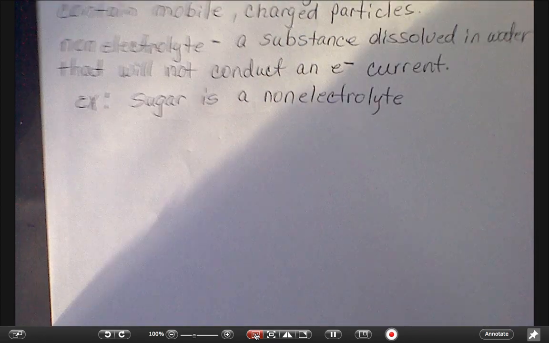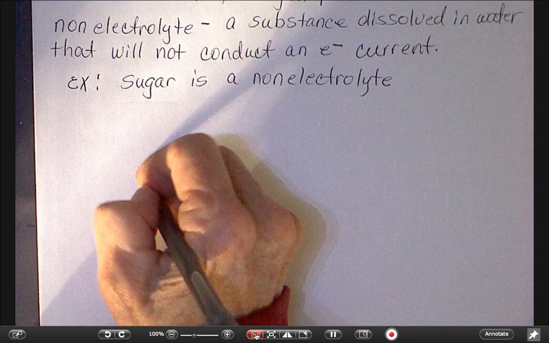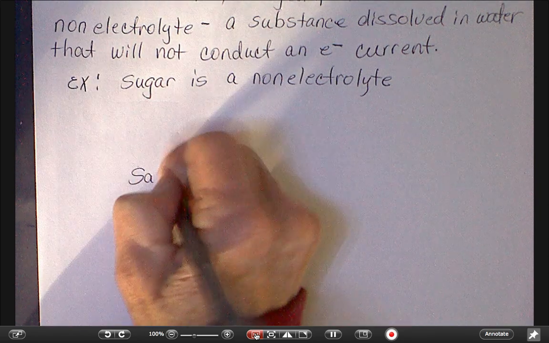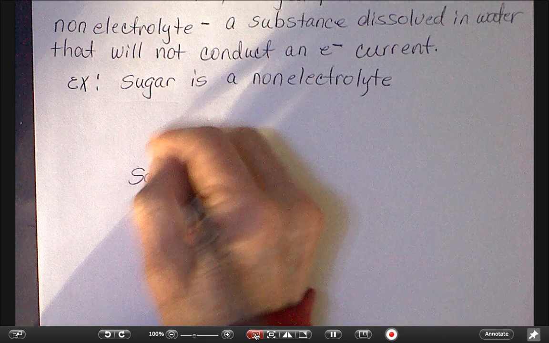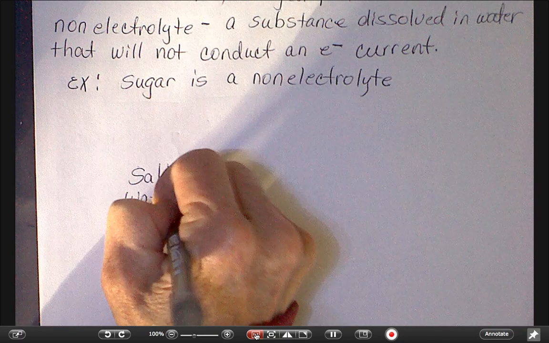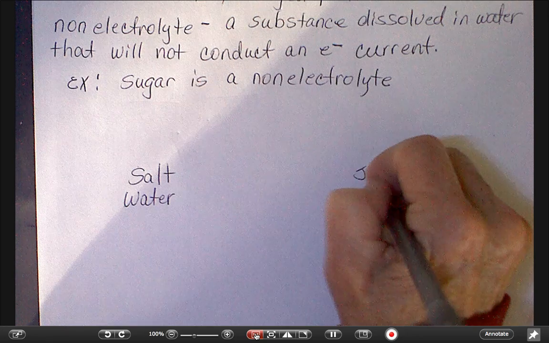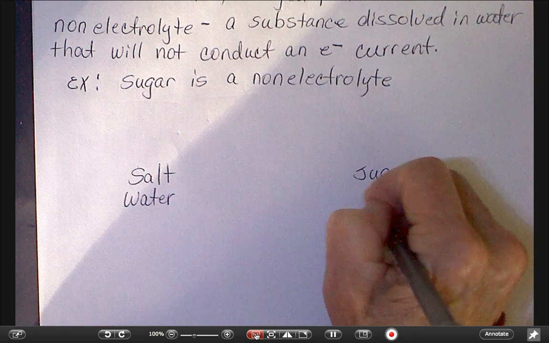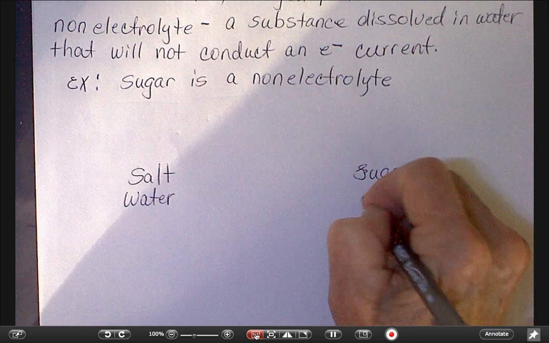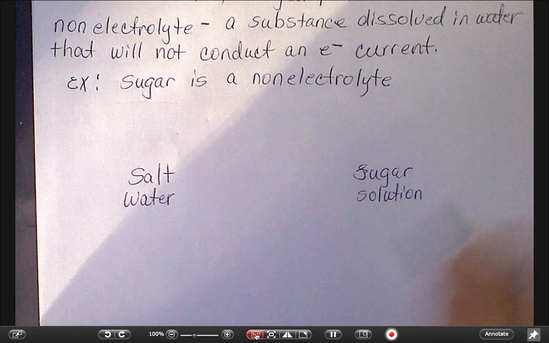Okay, so we're going to look at two light bulbs. One, we're going to have two electrodes coming in a salt water solution, and the other one's going to be a sugar solution.